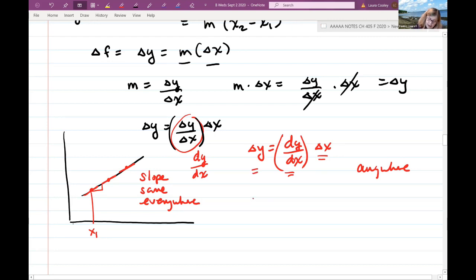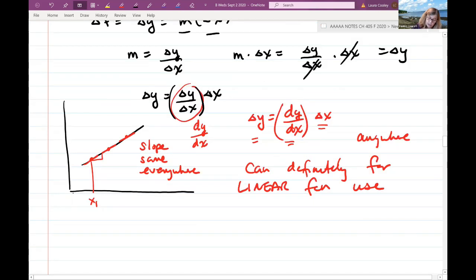So you can definitely, for a linear function, use the slope dy dx, which is the same everywhere.